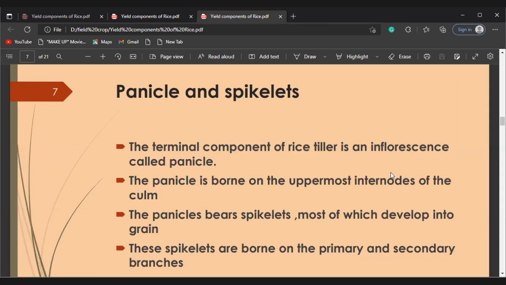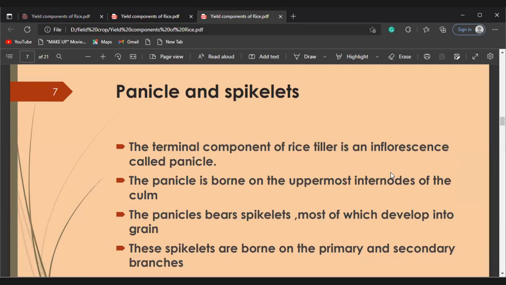The panicle is borne on the uppermost internode of the culm, so the panicle develops from the last internode of the plant. Then after that, there is no growth of leaves.